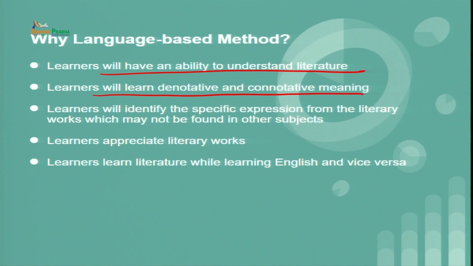The third thing, as mentioned in the slide, is that learners will identify self-expression from literary works which may not be found in other subjects, and learners find ways to appreciate literary works by incorporating them into their daily life, and also learners learn literature while learning English and vice versa. Since literature is not merely a piece of text, but it incorporates a lot of information such as social, political, economic, and so on.